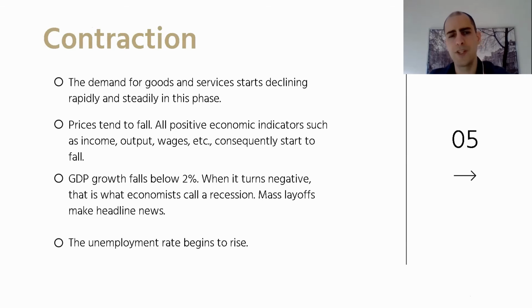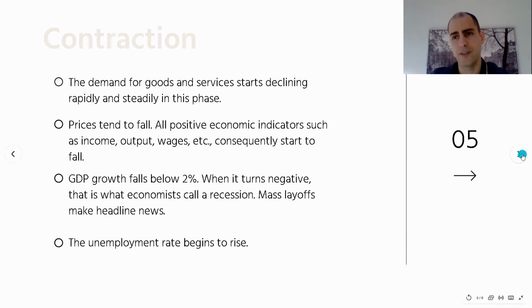In terms of GDP, GDP is below 2%, and when it turns negative, that's when economists call it a recession. Another major thing to watch out for is mass layoffs, and that typically makes the news during this phase.